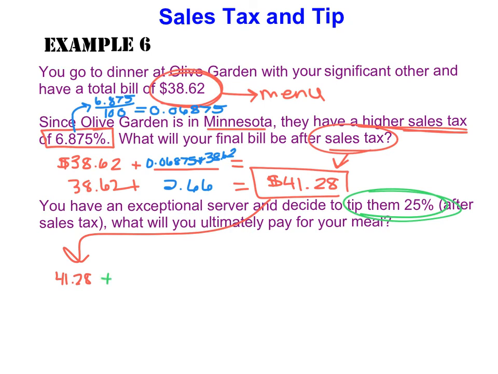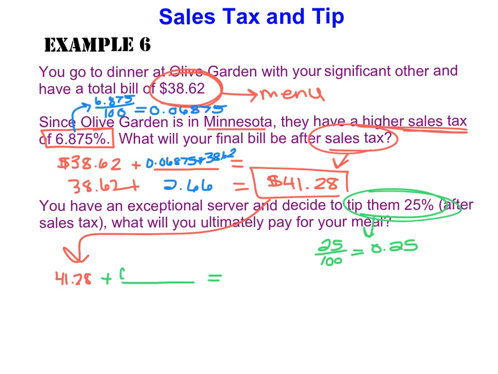So remember, again, we're going to be adding on to this amount, trying to determine how much we're actually going to add on in order to provide that waitress or waiter with a 25% tip. So 25% written as a decimal would be 25 divided by 100, which becomes 0.25.